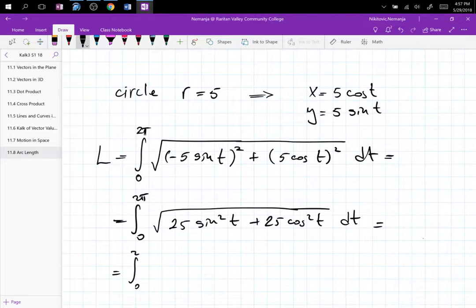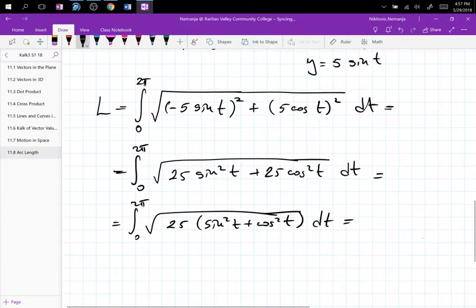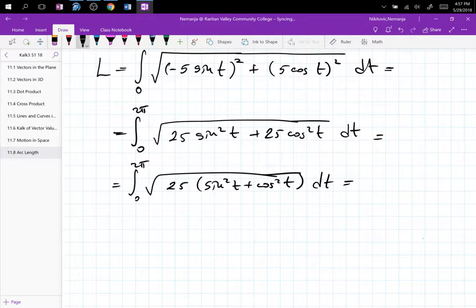If you don't know what's happening, then you will factor out 25, and then you have sine squared t plus cosine squared t equal to 1 from before.